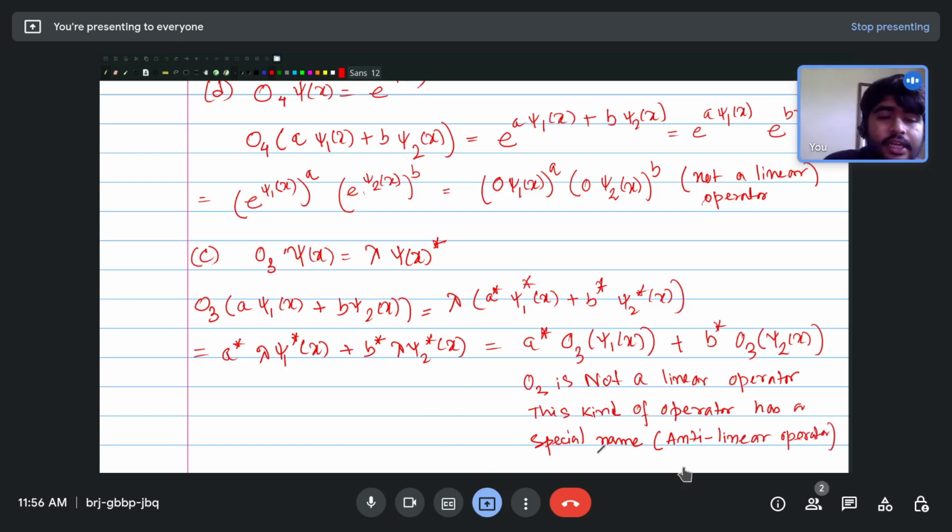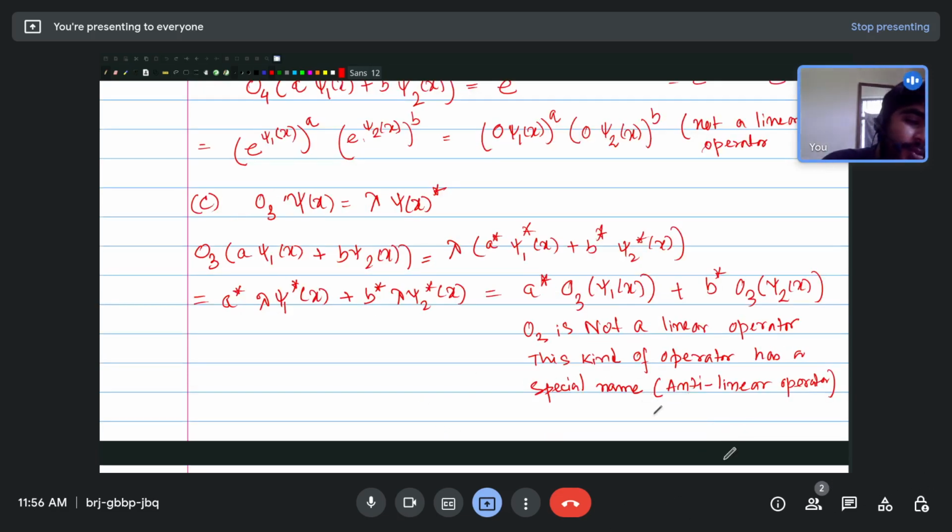An example of an antilinear operator is the time reversal operator, which you will learn about later on in quantum mechanics. So this is one example of an antilinear operator.